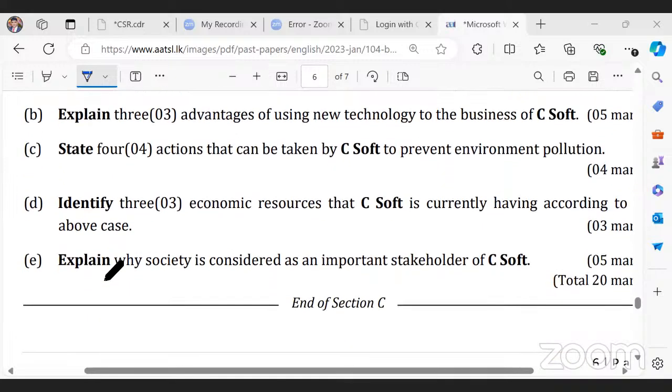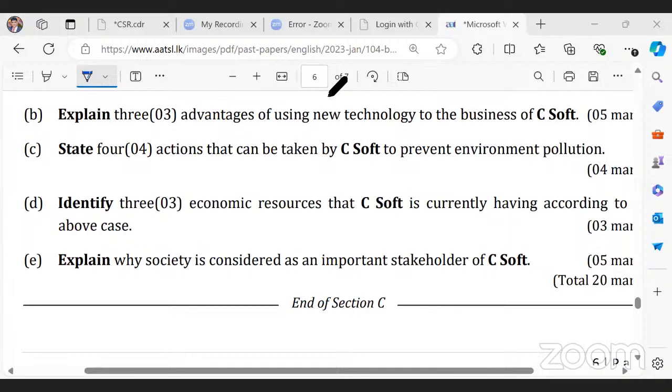Explain why society is considered as an important stakeholder for Seasoft. Normally, society we identify as an external stakeholder, right?